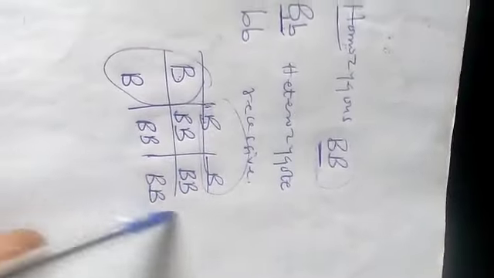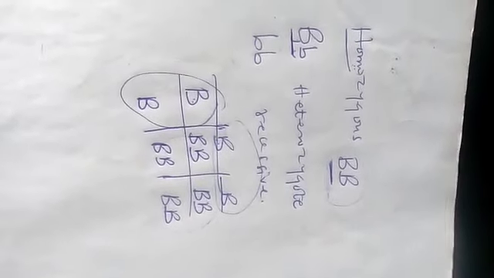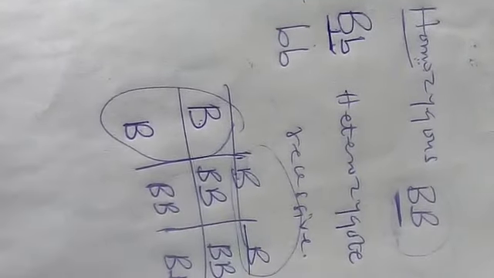So you see that when this one crosses this one, all the offspring are going to be homozygous dominant. Now let's look at homozygous dominant and heterozygous. Homozygous dominant is capital B, capital B, and heterozygous is a different allele, capital B, small b.